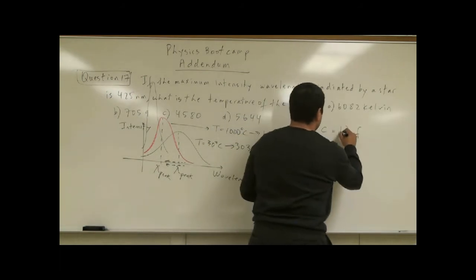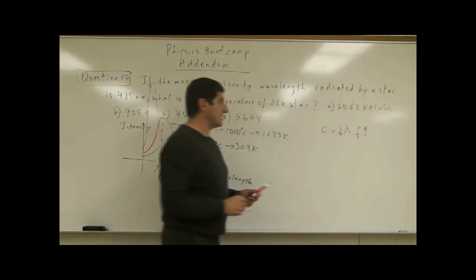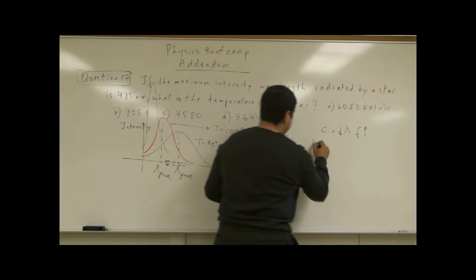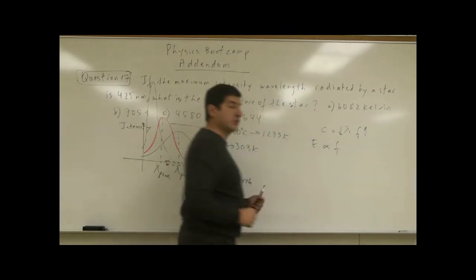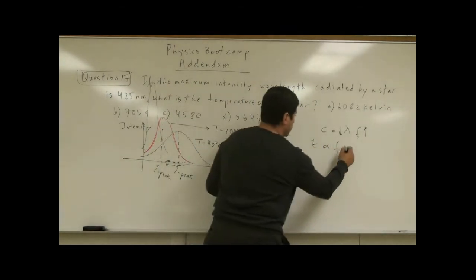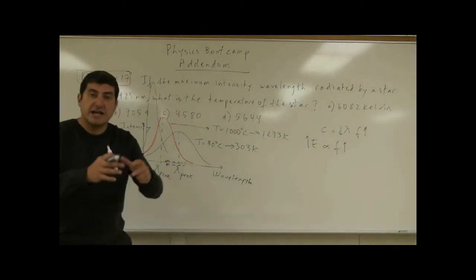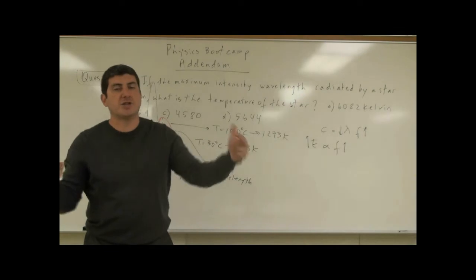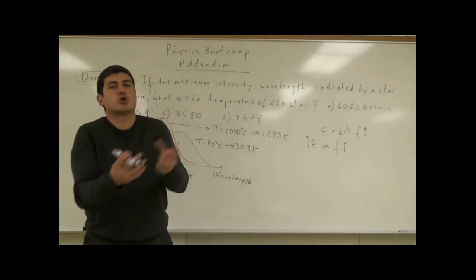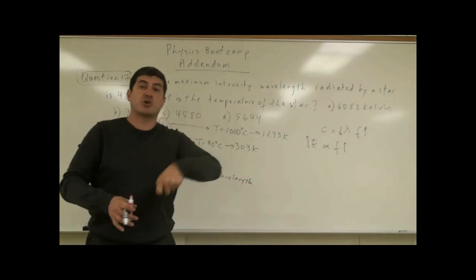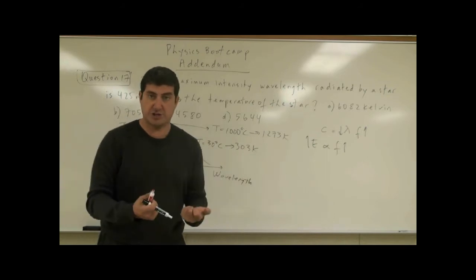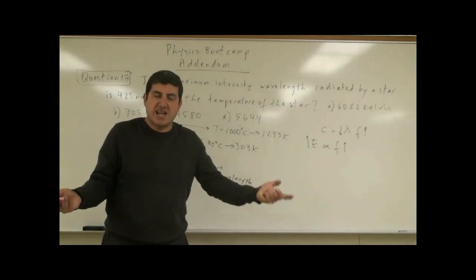When the wavelength is going down, the frequency is rising, and the energy of a wave is proportional to its frequency. So when the frequency is rising, the energy is rising. So as the object is getting hotter and hotter, it's emitting in the short wavelength spectrum, which corresponds to the high frequency, high energy spectrum. So that only makes sense, right?